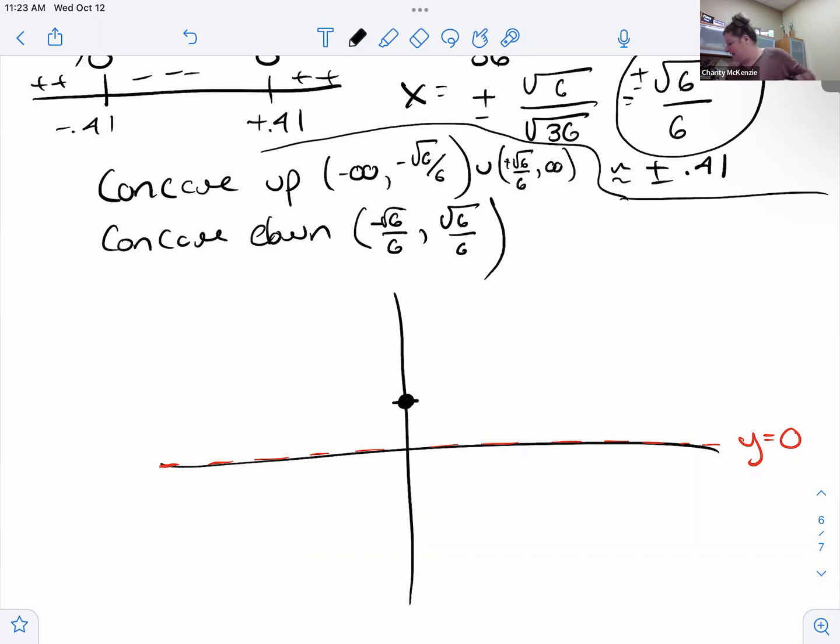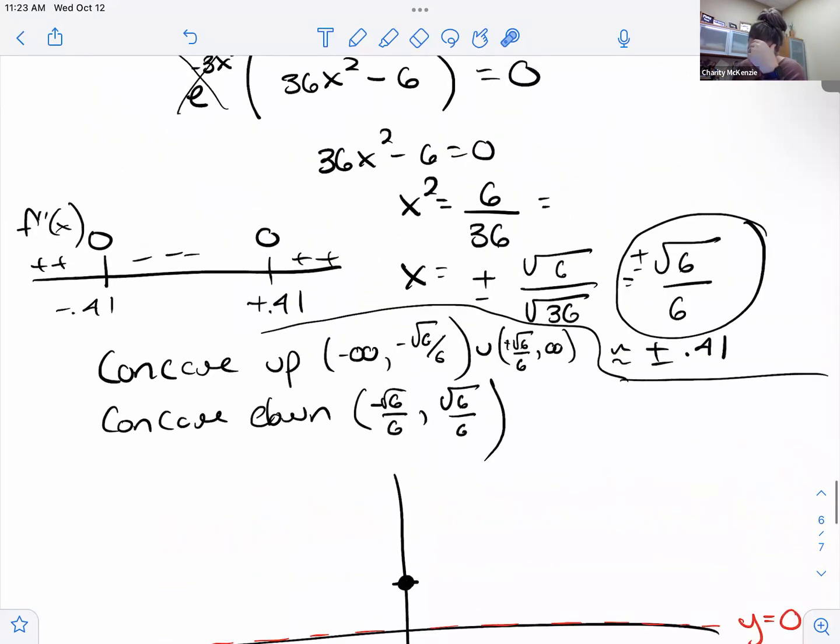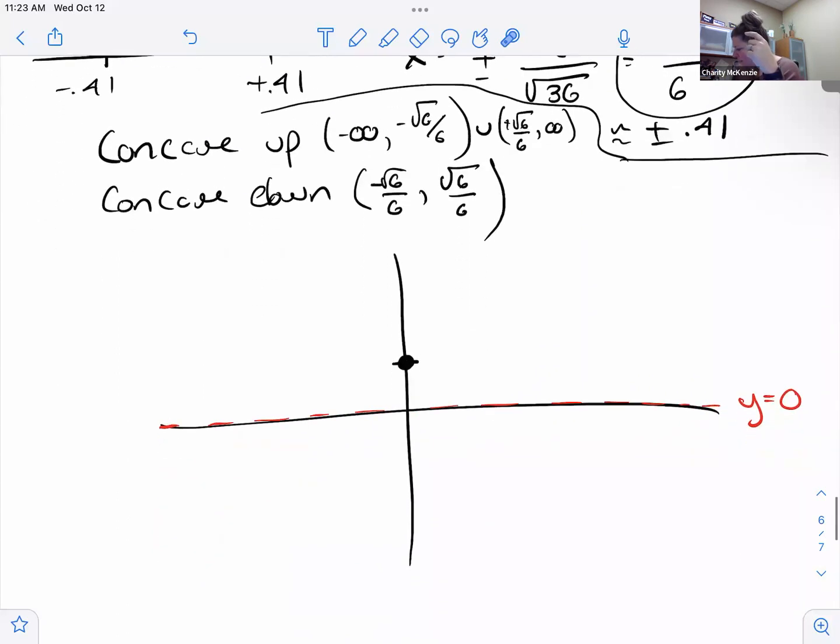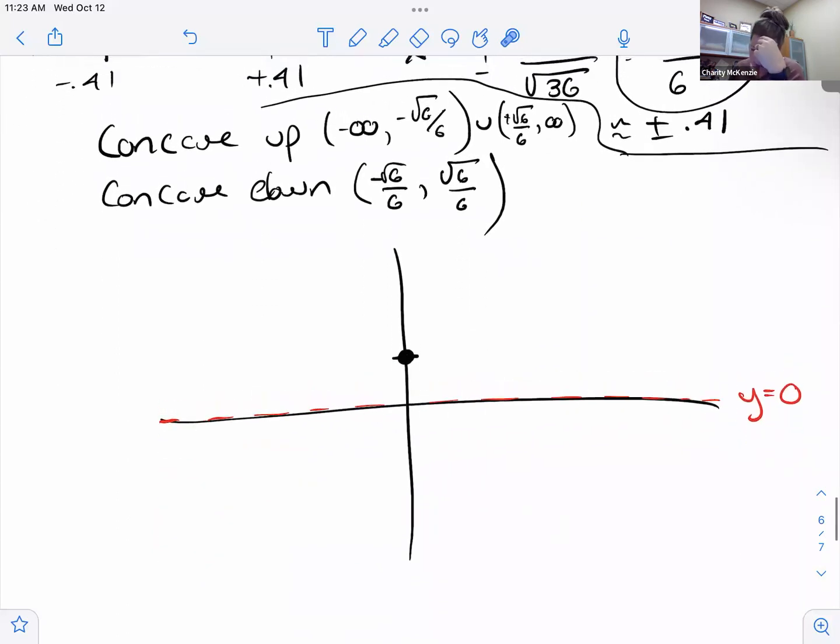Then we know it has a local max at 0. So this point that we just graphed is a local max. We know that there is at x equals 0 a local max. Okay, what were the other things that we knew? We have increasing to 0.